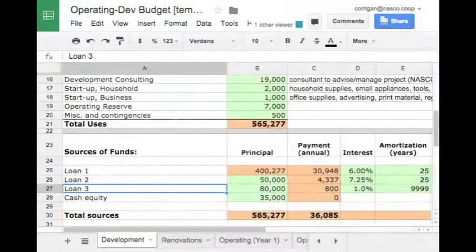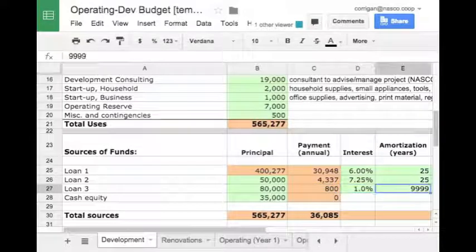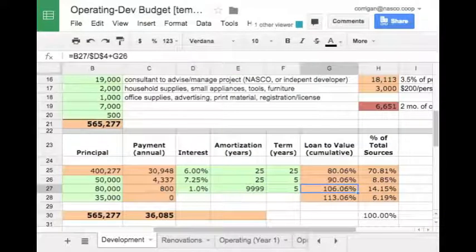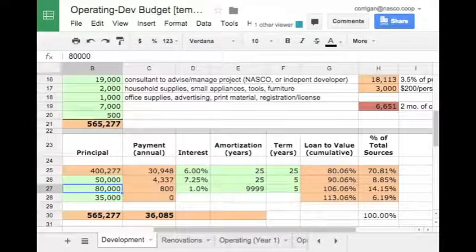We see here on this third loan, $80,000, that we're up over 100% loan to value. That means people who are making loans in this third tier know that they're loaning more money to the co-op than the co-op actually has collateral to cover.